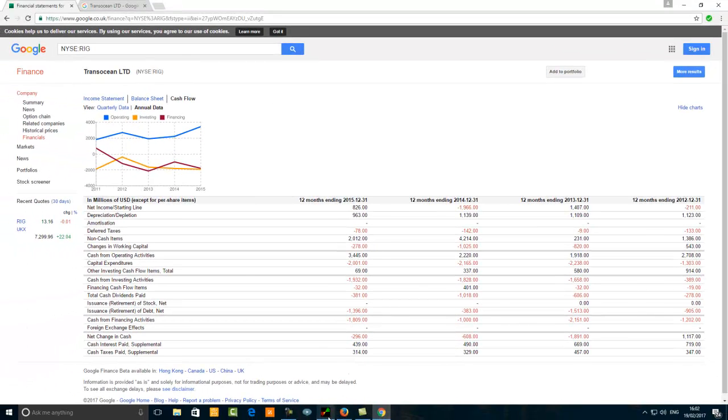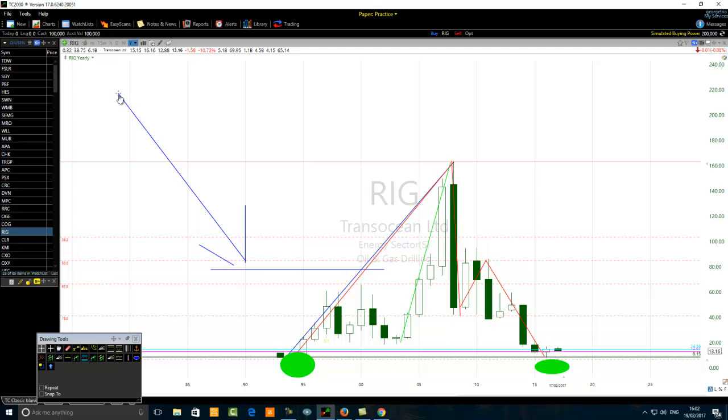So talking about the sector, what is happening for the oil and gas sector or the energy sector is that in the last 2 years it was very bearish. So this stock you can see is a drilling company. Those are companies that provide the platform for the oil companies.